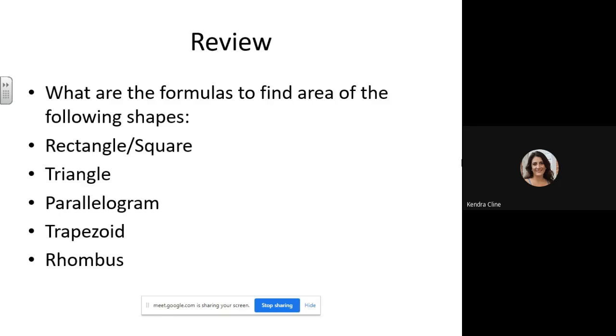Instead of me writing these down and then moving on and you not being able to see them, I need you to get out your formula sheet. We started this formula sheet Thursday, and then we continued it Friday by finishing up with trapezoids and triangles. I want you to get that out in front of you so that you can reference those formulas when we need them.